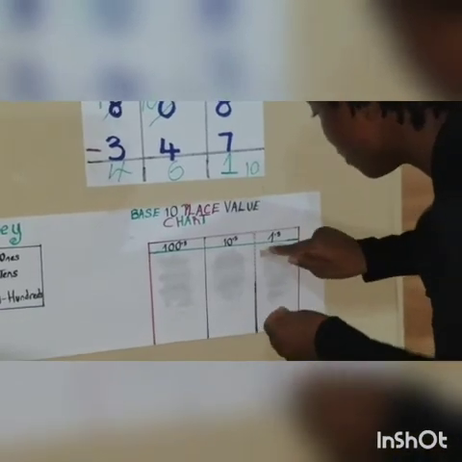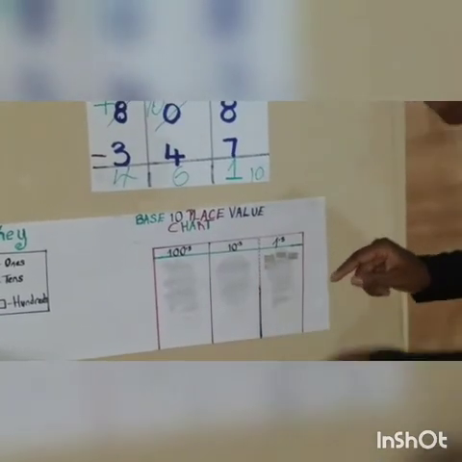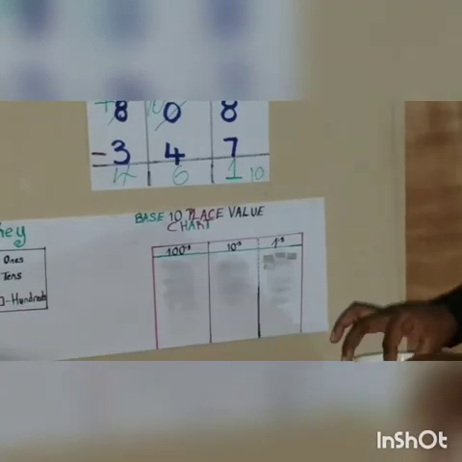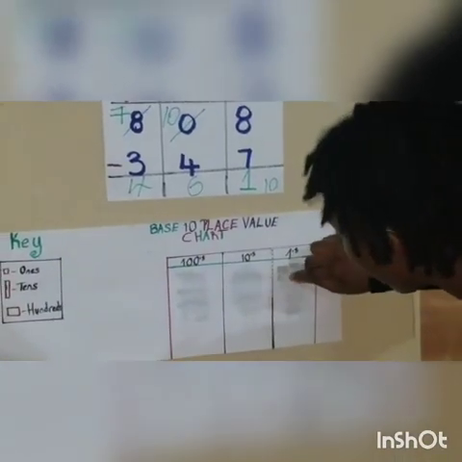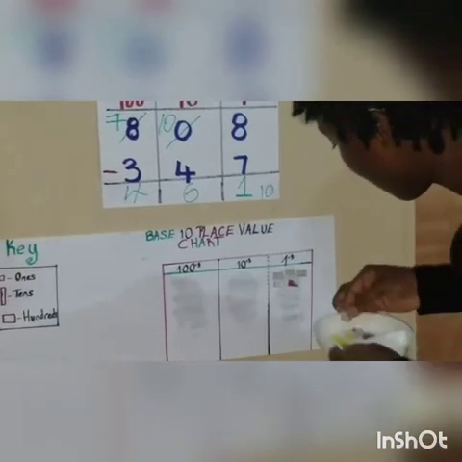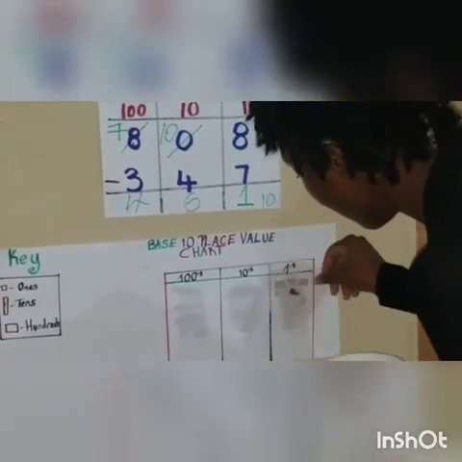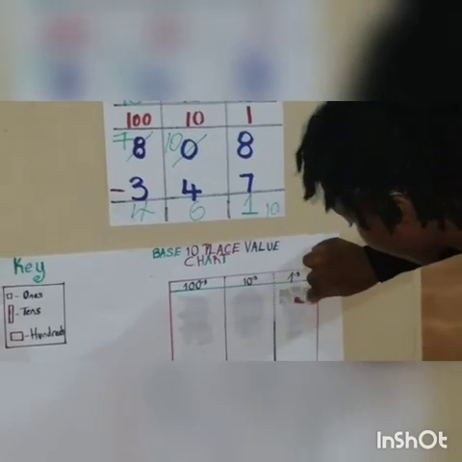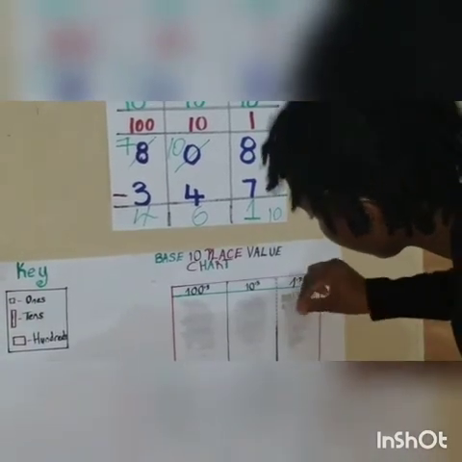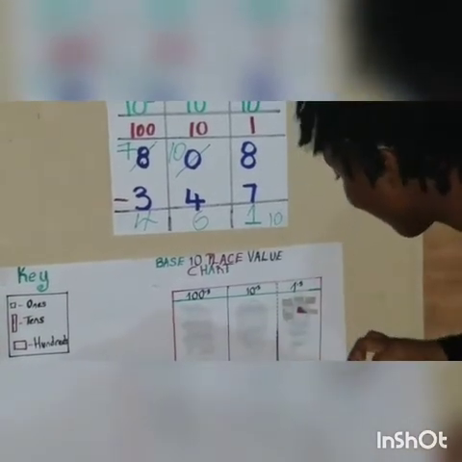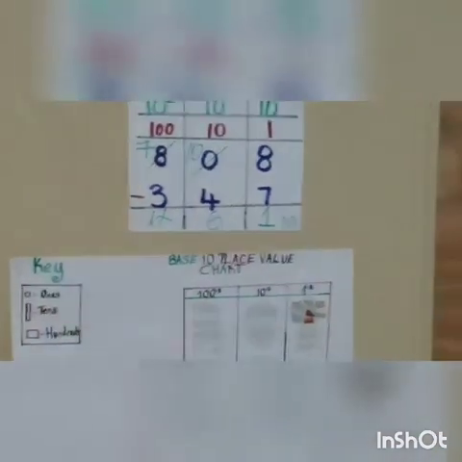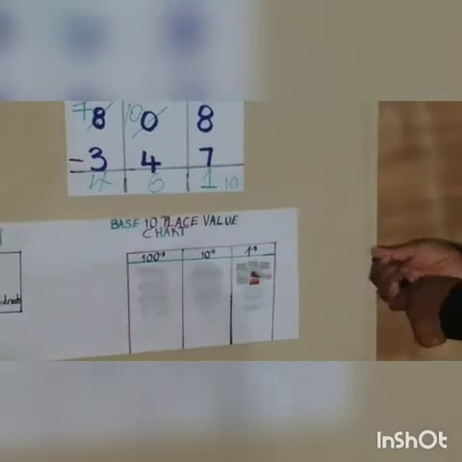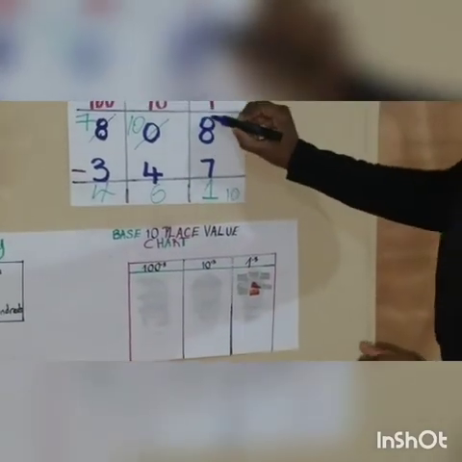Now let's count 1, 2, 3, 4, 5, 6, 7, 8. And remember up here we had subtracted 7 from our 8.